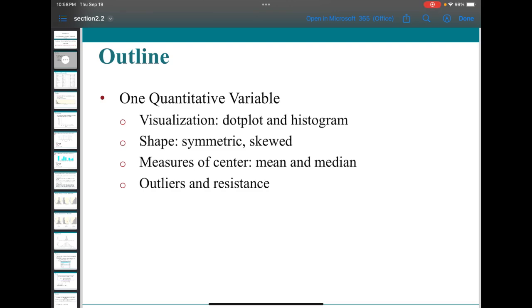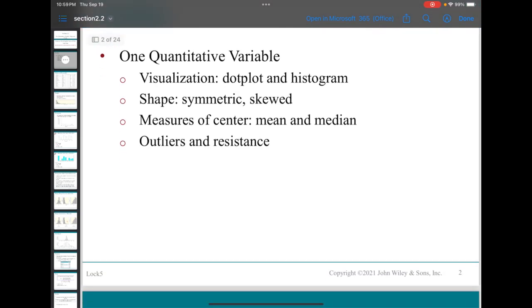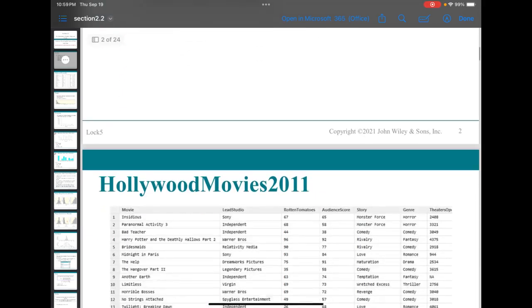We have a different set of visualization techniques to work with one quantitative variable. Especially we will be talking about shapes and some kinds of measurements under this one quantitative variable.